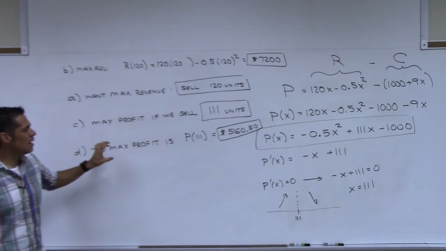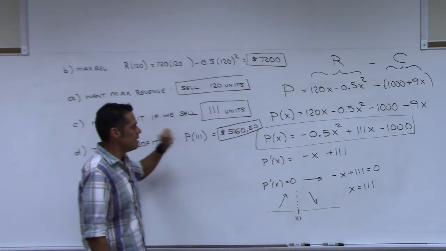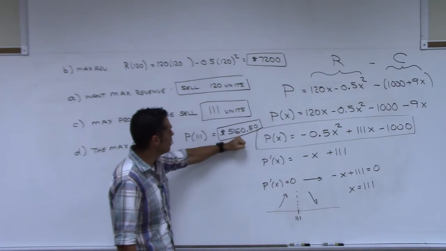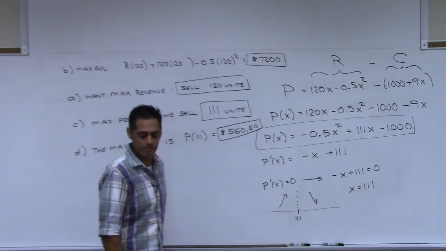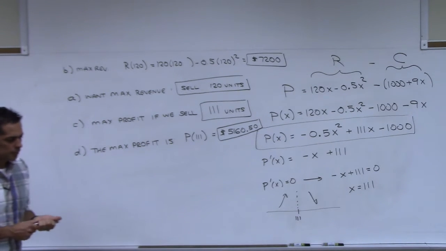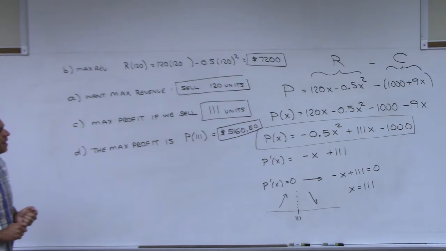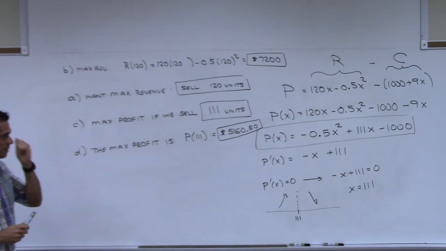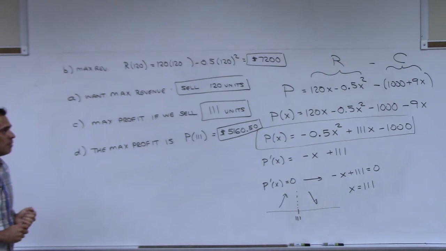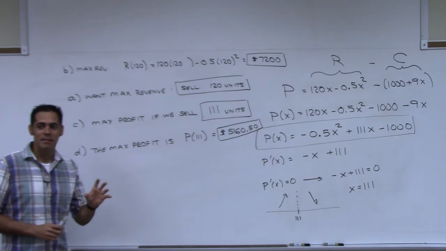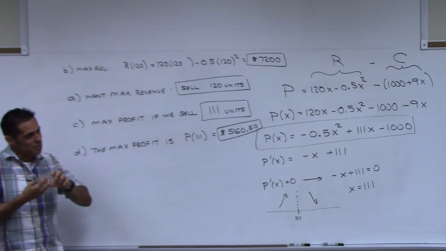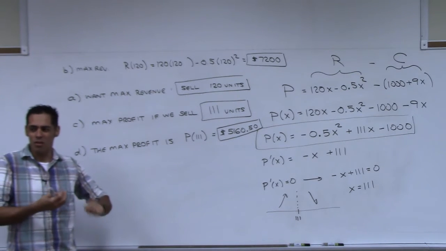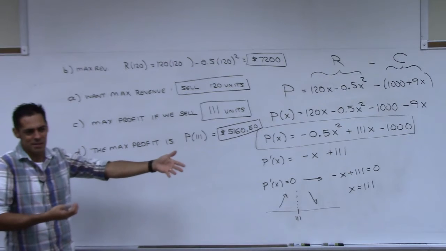So you want to figure out how many of these things you need to manufacture and sell to maximize this number, not this one. It's one of those interesting things about these business models, that we don't necessarily look at what will bring in the most money. We actually have to think about how much it costs us to make and sell these things.